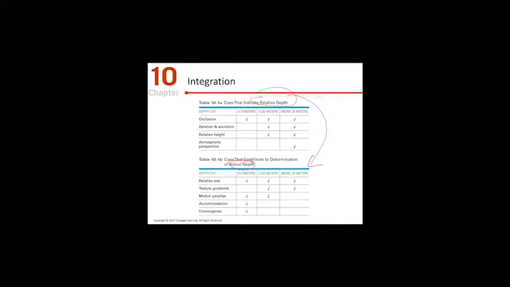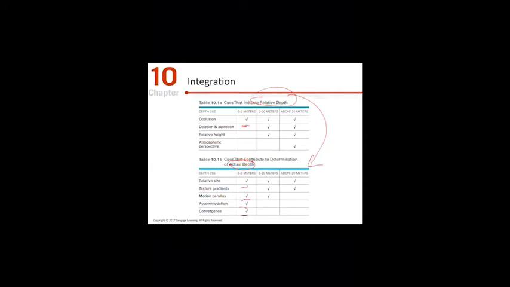And so when we look at relative depth versus actual depth, there's a difference in terms of these cues and how we use them. So, for example, in relative depth, occlusion works really well for those shorter distances. In actual depth, relative size, motion parallax, accommodation, and convergence work really well in close distances to give us actual depth information.